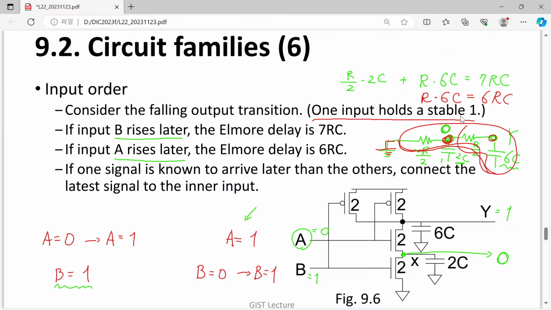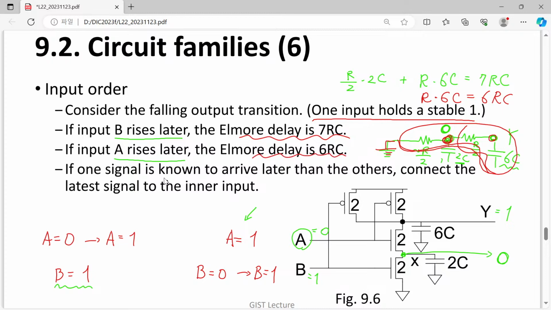Then what is the meaning of this simple calculation? Although in NAND, A and B should perform equally, in reality, due to the order of their input, they can have different Elmo delay.